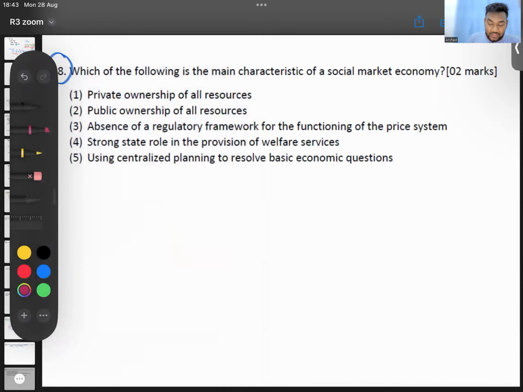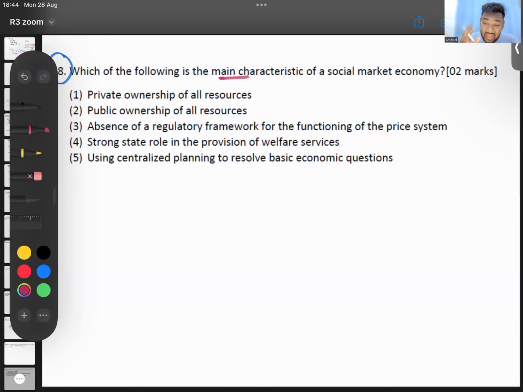Which of the following is the main characteristic of a social market economy? Private ownership of resources, public ownership of all resources, absence of a regulatory framework for the functioning of the price system, or a strong state role in the provision of welfare services, using centralized planning to resolve basic economic questions.